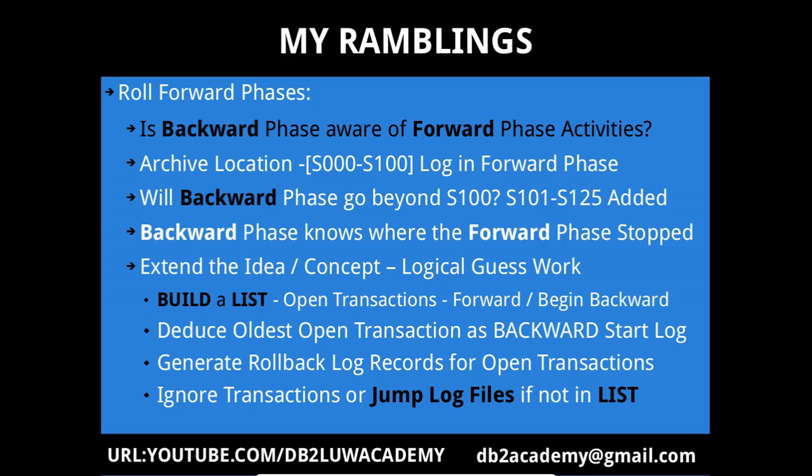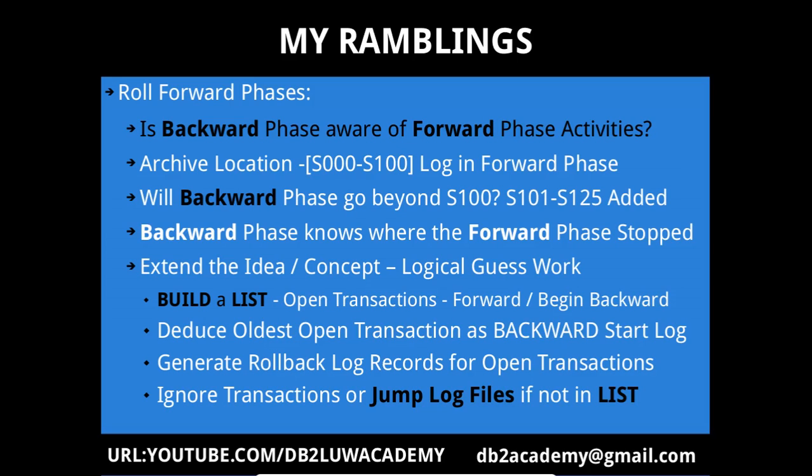I did that test case, and what happened was the backward phase exactly stopped at 100.log. It did not proceed further for retrieval of 101, 102, 103, up to 125. It did not do that. Which means that the backward phase is aware of where the forward phase stopped, and it makes logical sense, because only in the forward phase every change will be replayed, and in the backward phase all you do is undo, which is open transactions getting rolled back.